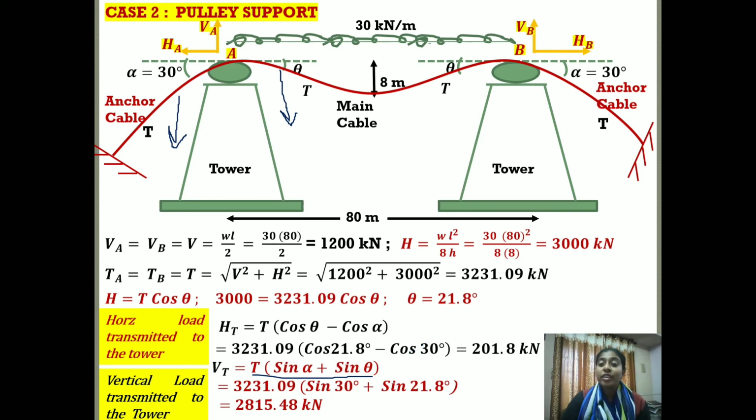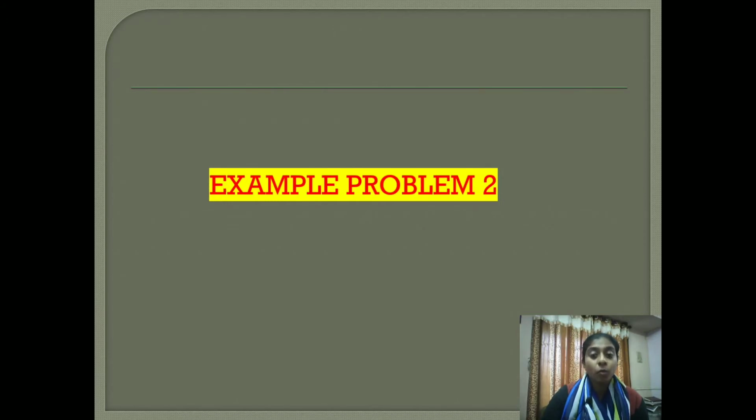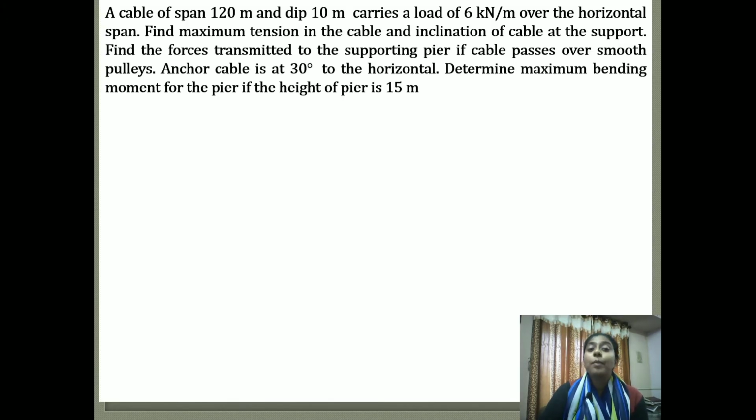Okay, so the first problem is over. We will go for the second problem. Example problem 2. A cable of span 120 meter and dip 10 meter carries a load of 6 kilonewton per meter over the horizontal span.